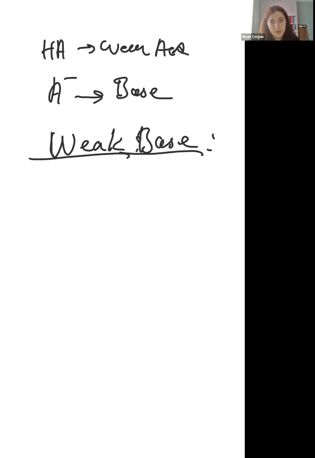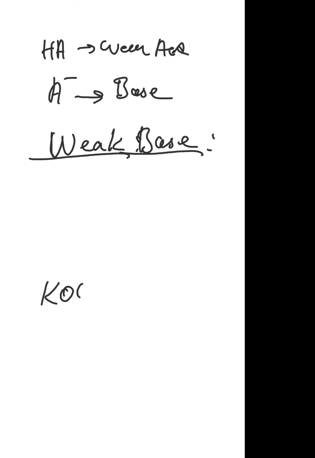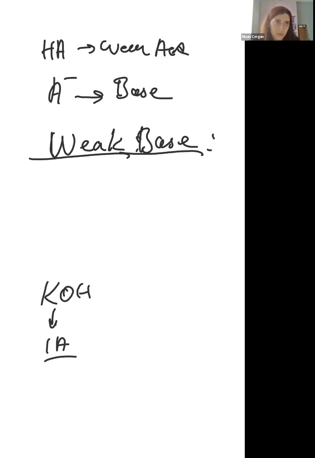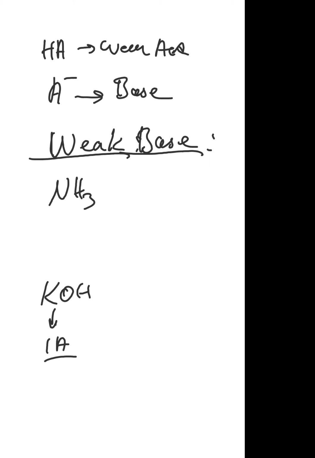Potassium hydroxide is a strong base. Okay, then this one is quite strong, maybe one of the strongest, since it has the hydroxide of group 1A. But for the weak base situation, we have ammonia. Ammonia is not actually a hydroxide of a metal.